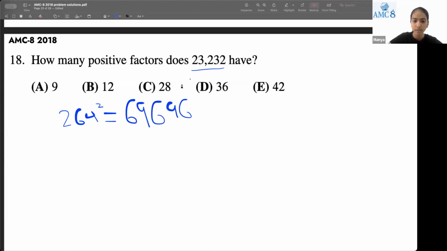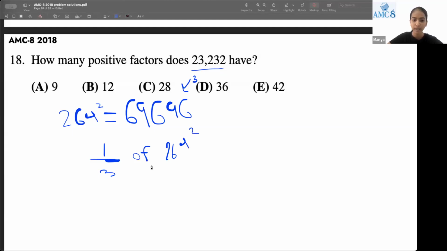So if we do times 3 to make it into this number here, then that means that 23,232 is 1/3 of 264 squared.